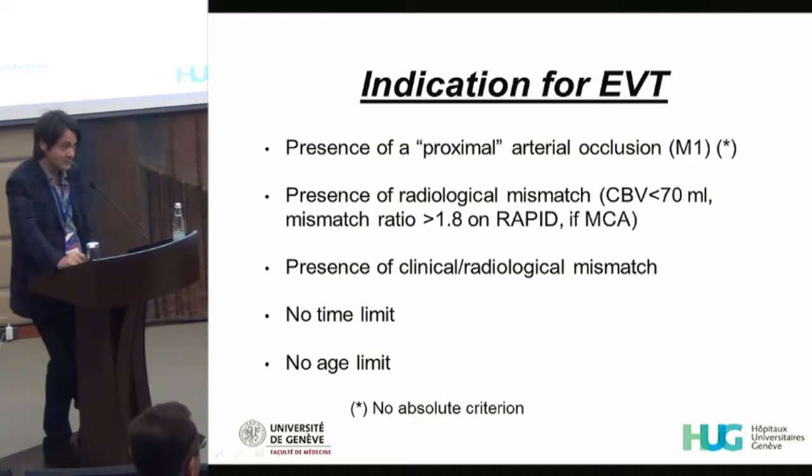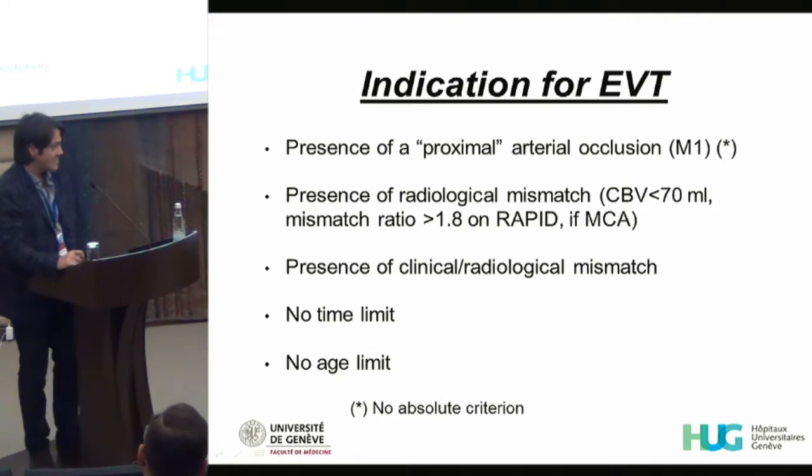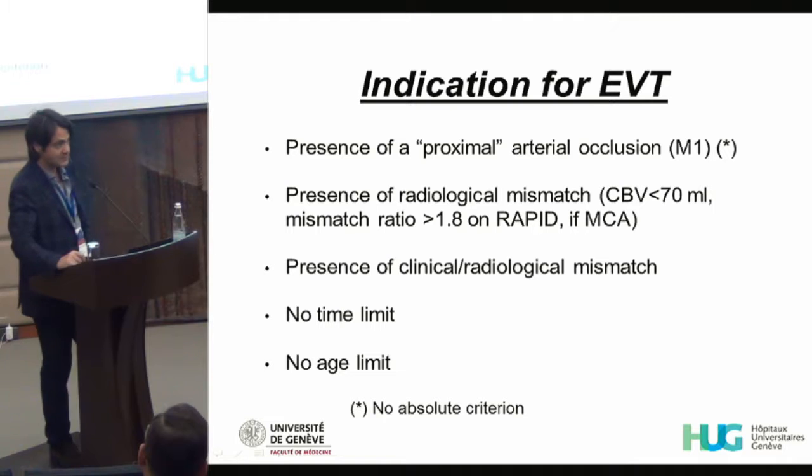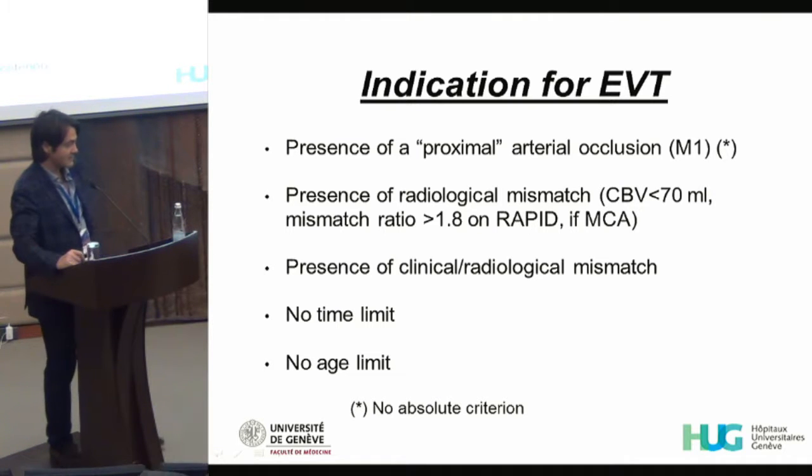We select patients by CT perfusion, and one of the main factors we look at is the CBV, the cerebral blood volume: the extent of the core has to be less than 70 milliliters, and for sure we would like to treat patients with a clinical radiological mismatch. Then we have no limits for the age of the patient.